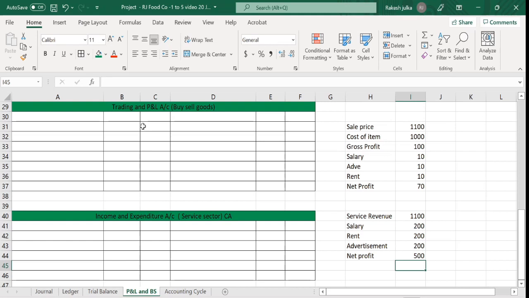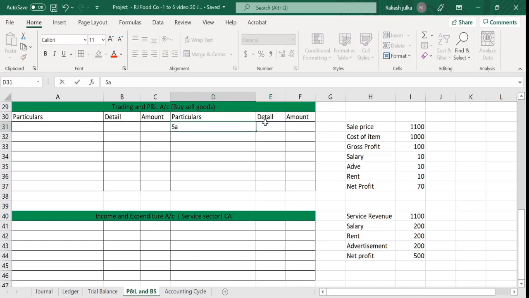The first will be the trading part and the second will be the profit and loss account. For the trading account and profit and loss account, I need to write here particulars, then detail, then amount. And the same thing I'm going to repeat here, like this.